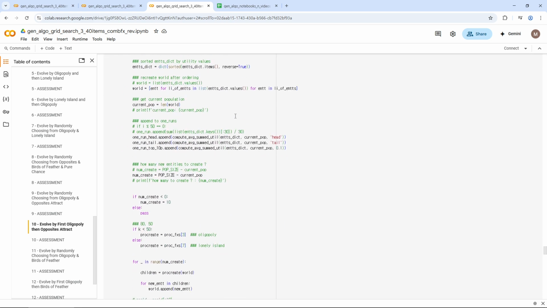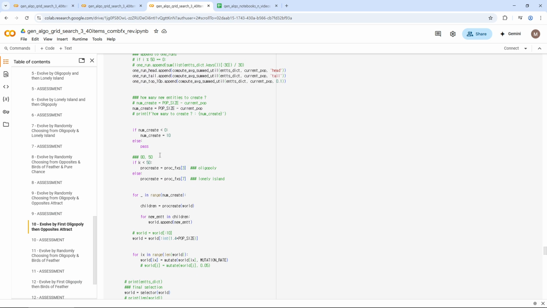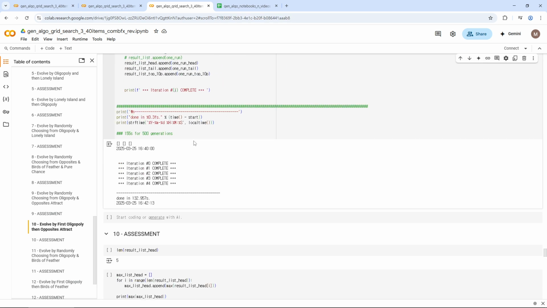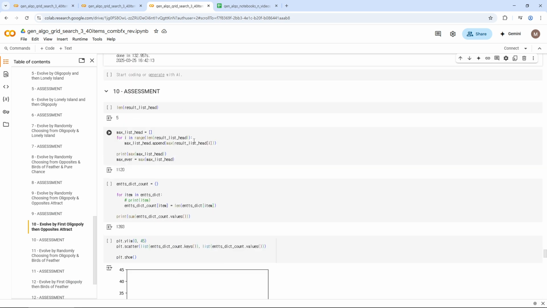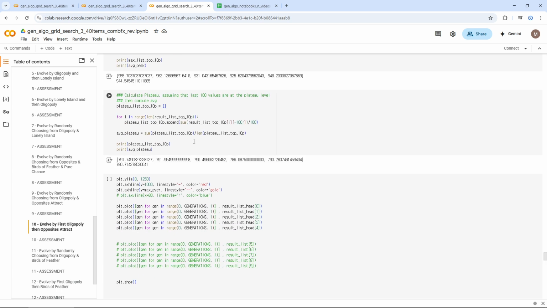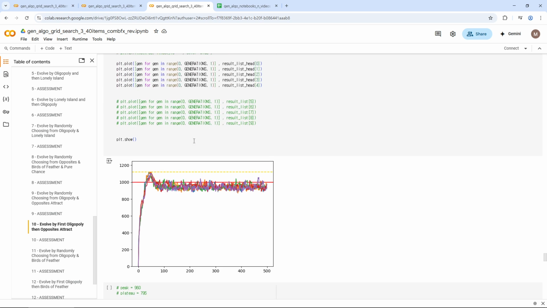So in this case we switch the procreate function after generation 50, for some reason. I don't know why I did that. I don't think it would actually matter, but I will try again.